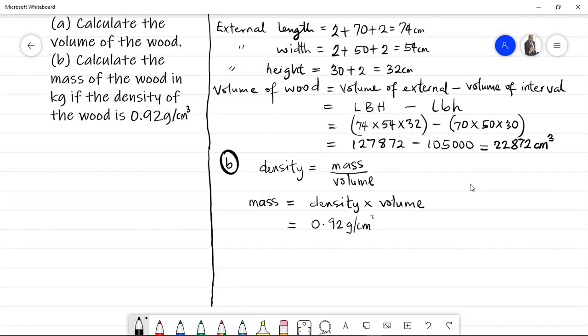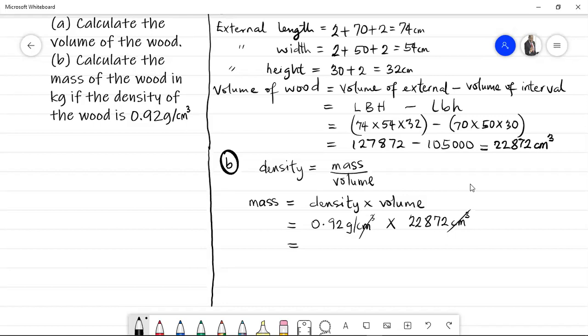And the volume of the wood was calculated in question A above, and that gave us 22,872 centimeter cube. So when you work out this calculation, you should expect the centimeter cubes to cancel out, and then you do your multiplication of 0.92 times 22,872.